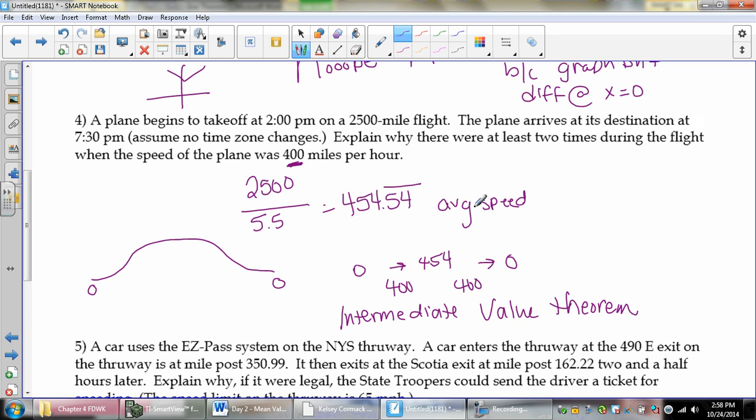You could also argue that you know that the speed goes above 454 miles per hour because if you average that and within that average you have zeros as well, then you know you had to go higher than that for that to end up being your average. But really, long story short, average speed is distance over time, and your intermediate value theorem guarantees that you hit that at some point.